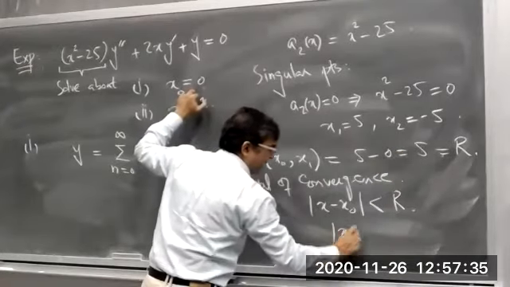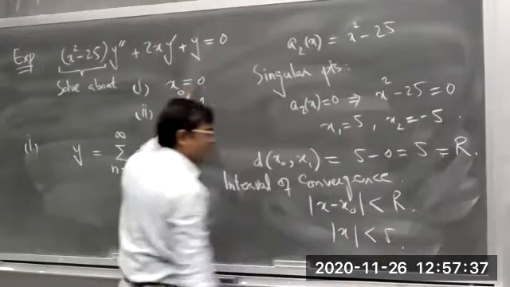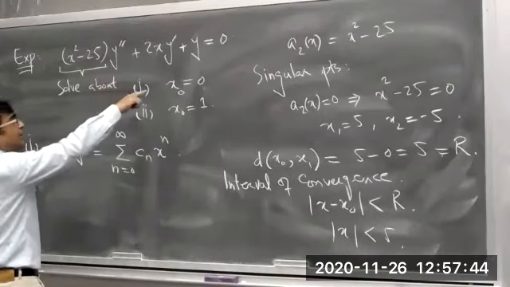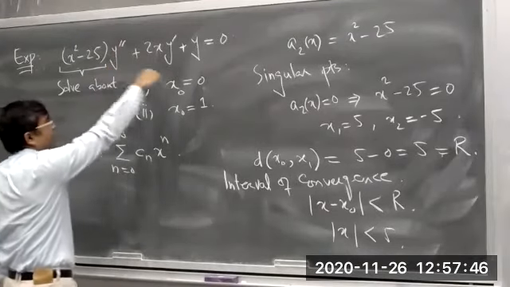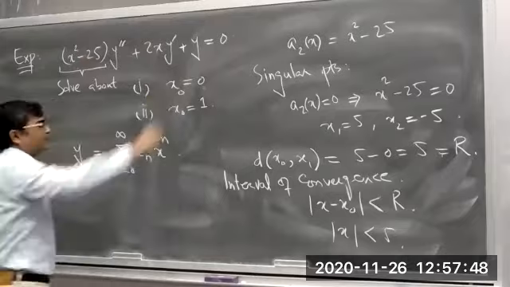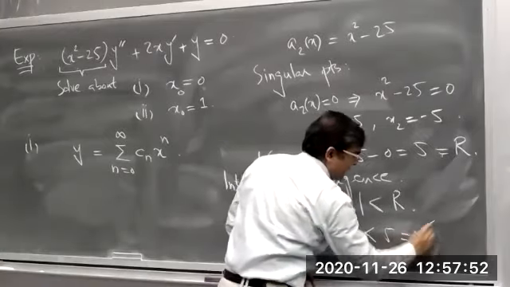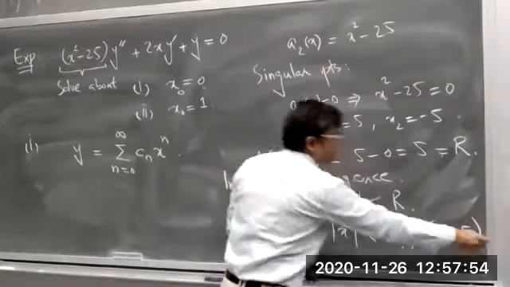So what do we obtain here? Mod x less than 5. So this will be the interval of convergence for the power series solution of this differential equation about x naught equal to 0. This is equivalent to -5 to 5.